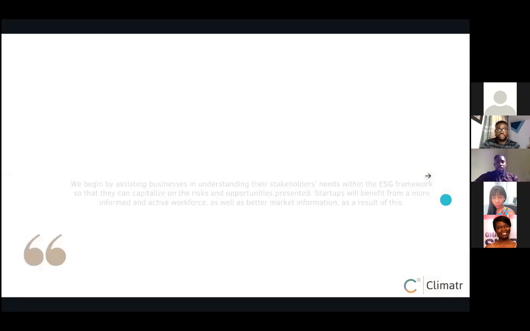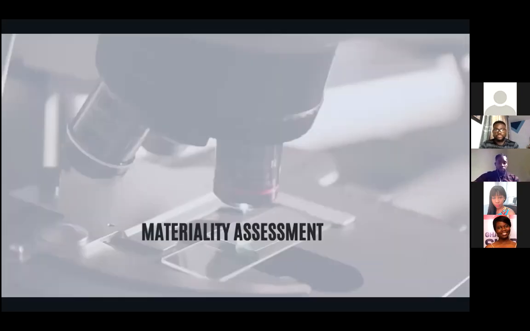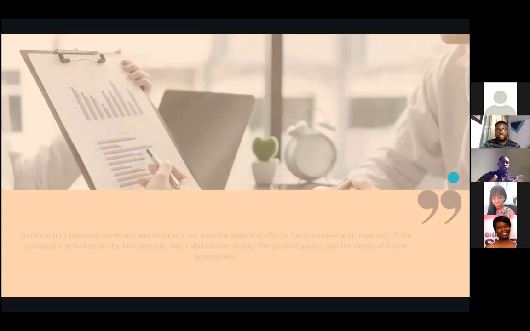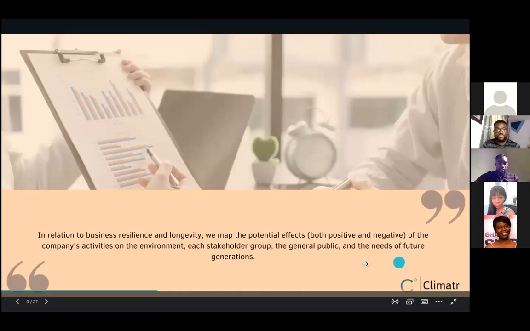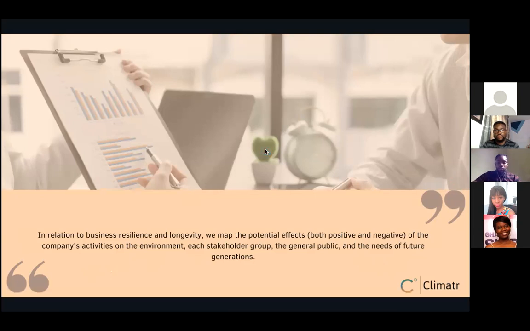Then once we're done with this assessment, the next process we take is what we call a materiality assessment. This materiality assessment is a very critical aspect that helps tailor down the risks and opportunities that are inherent with different business models, details and the likes.